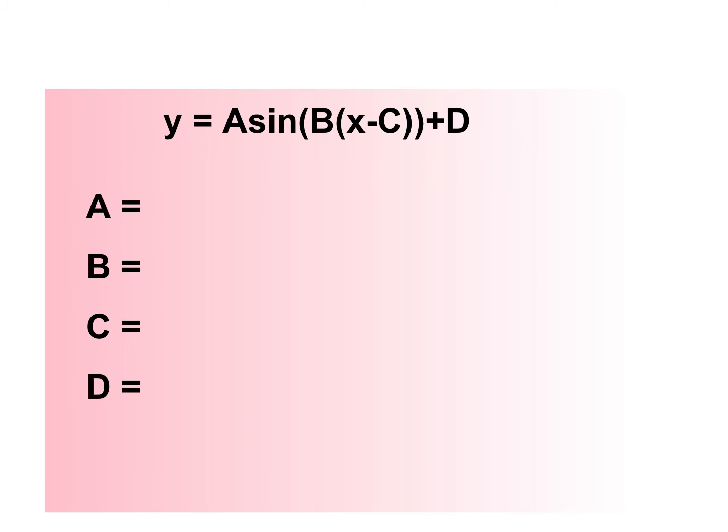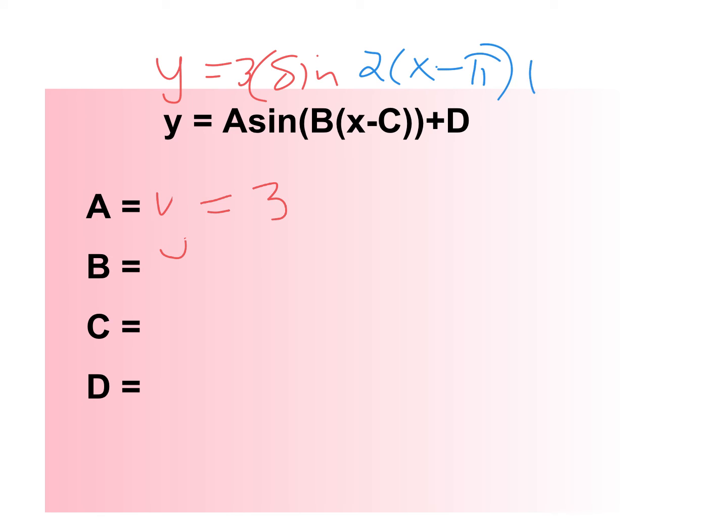So if you have a function that looks like this, I'm just going to write you one. y equals 3 sine of 2x minus pi plus, let's say 4, because I haven't used a 4 yet.